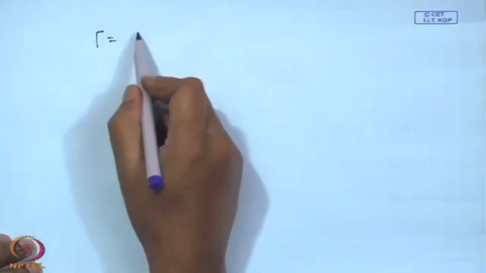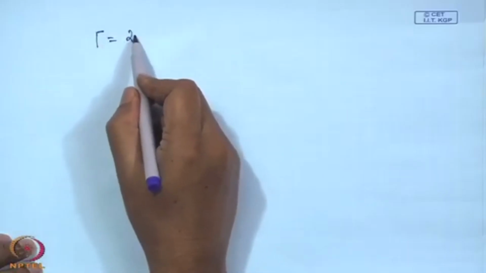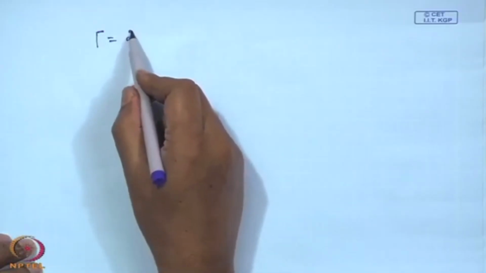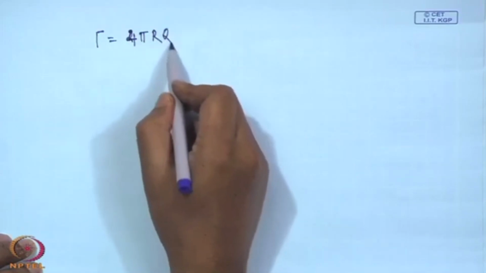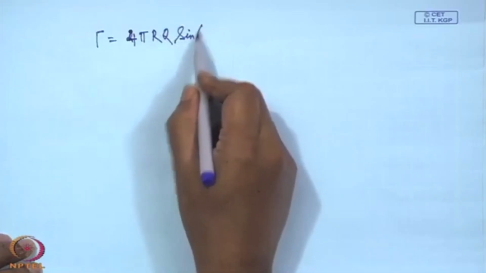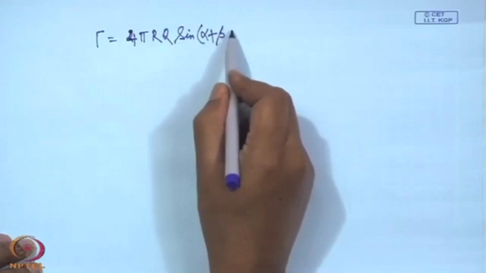How much is the circulation? Gamma equal to 4 pi R q infinity sin of alpha plus beta. How much is this?